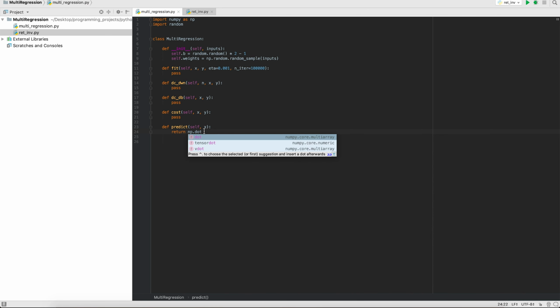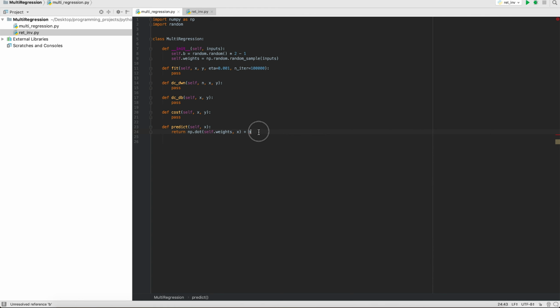This is the NumPy function for dot product of the weights. The weights is an array or a matrix here, right? And whatever x we have plus b, that will give us the prediction. That's pretty much it. That's all we need to do. Easy, right? And it's not just b, it would be self.b.